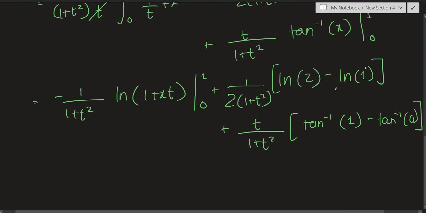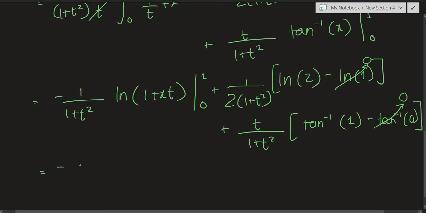Now notice that the natural log of 1 is 0, inverse tangent of 0 is 0, and in the end we still have to evaluate this, right? So we had to plug 1 in the place of x.